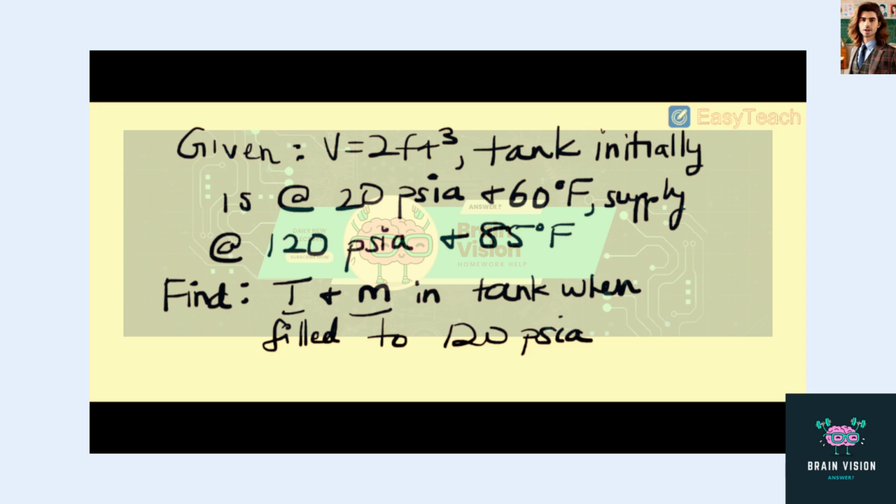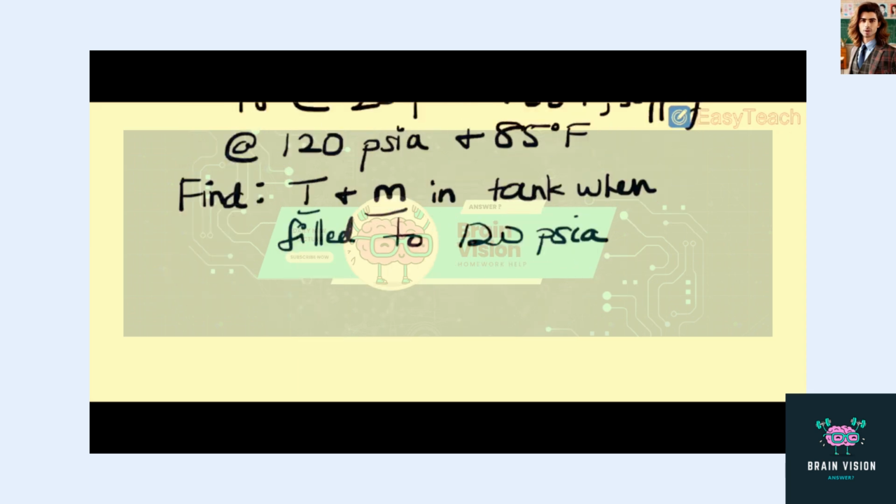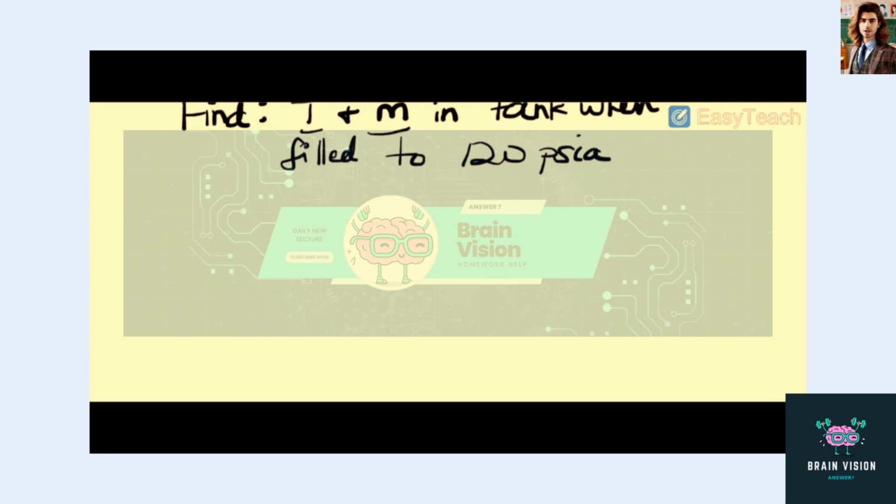So what we're going to do first is do a mass balance. From the definition of the change in mass, we define our system as the tank. The mass coming in minus the mass at the end is equal to the change in mass of the system.